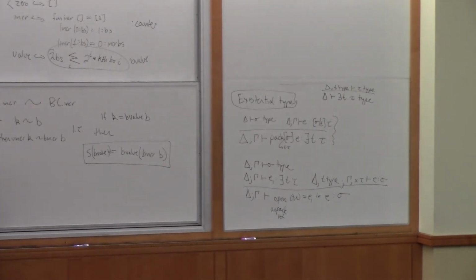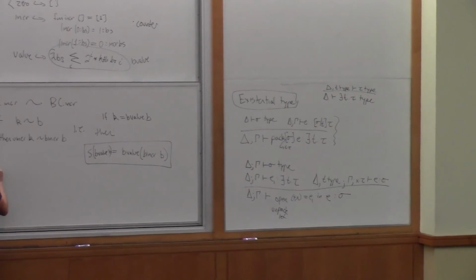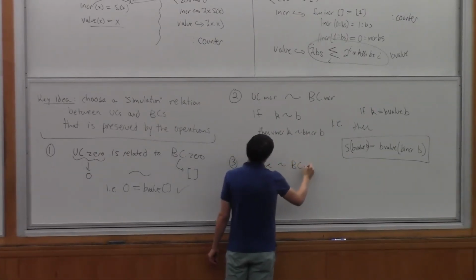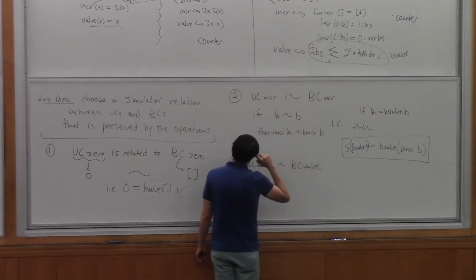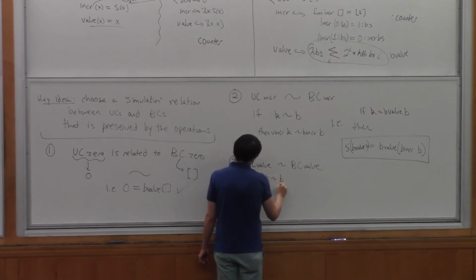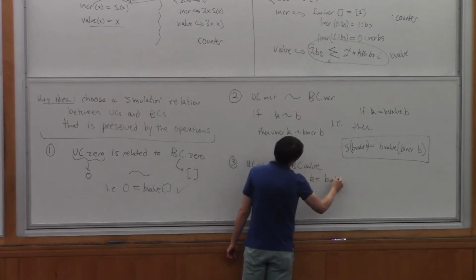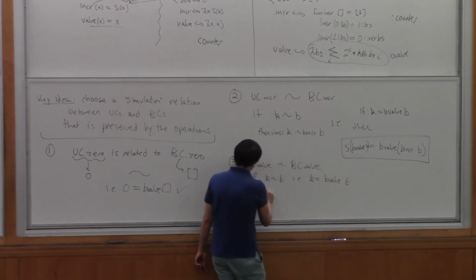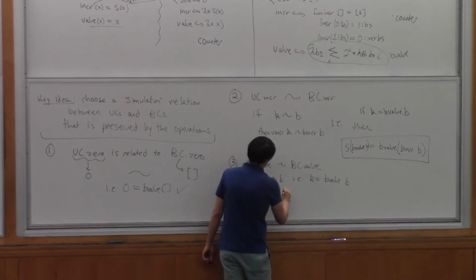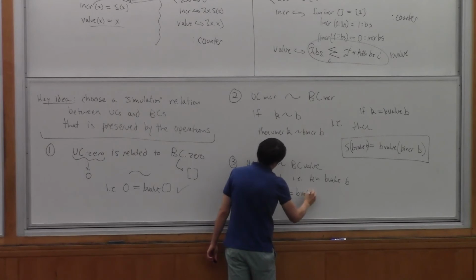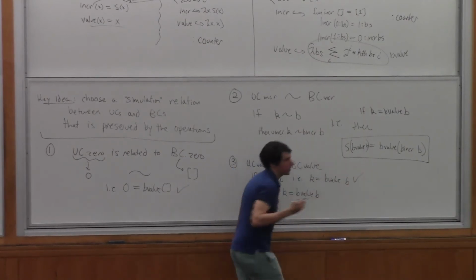And then 3, what we need to show is that the unary counter's value is related to the binary counter's value. Well, what does that mean? That means that if k is related to b, i.e., k is equal to the binary counter's value of b, then k is equal to the binary counter's value of b, which holds by assumption.